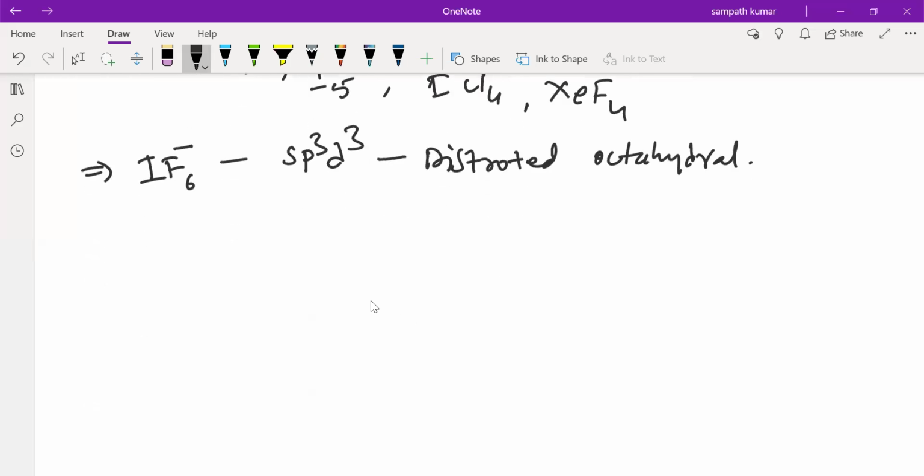The lone pair of electrons is present; if it were absent it would be regular. As per sp3d3 hybridization we would get a pentagonal bipyramidal structure, but due to the lone pair the geometry becomes irregular. Destroyed geometry means irregular geometry. The structure is like this.